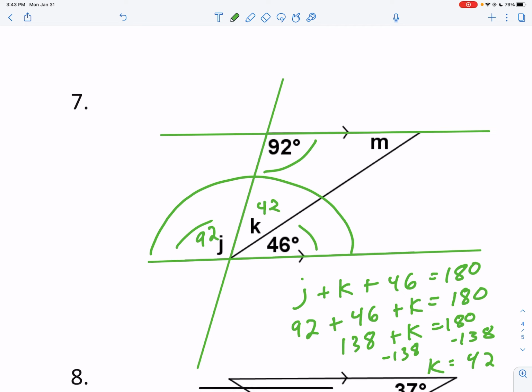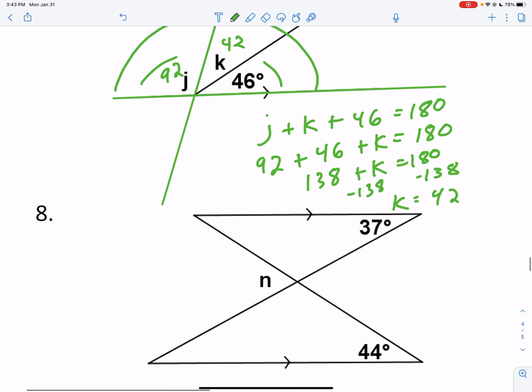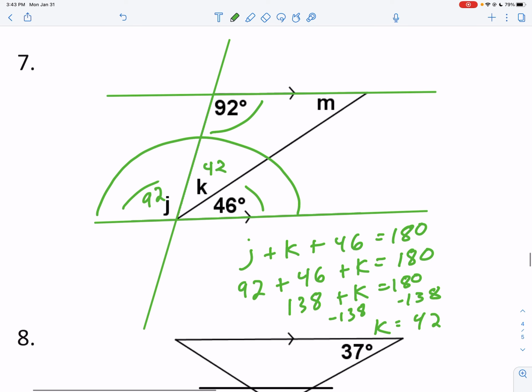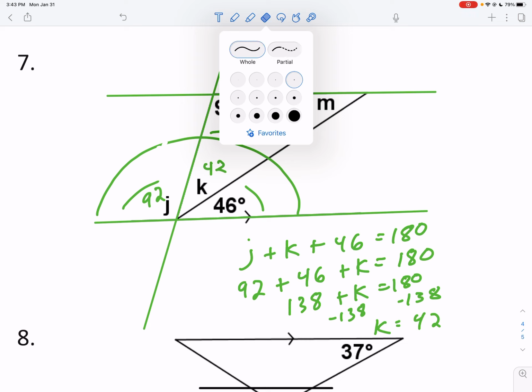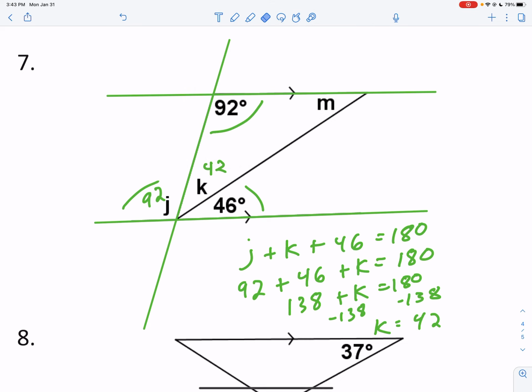And again, you can always check your work by adding them all together. 92 plus 42 is 134, plus 46 is 180, I believe. Here's the problem. We're not done. We need to find M. So we need to shift our focus to a different transversal.